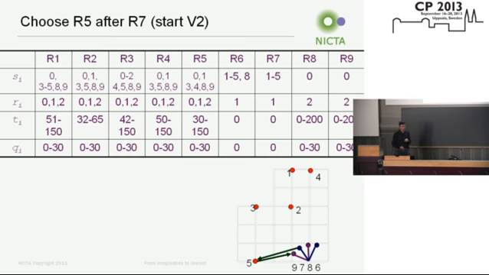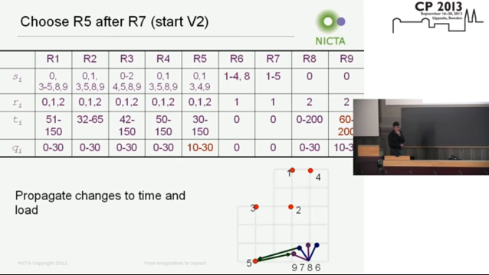So now let's say that my variable value choice heuristic chooses to put 5 after 7. I can do my successor implications, so now 8 is no longer a valid successor for 5, because I'm going to 9 instead.